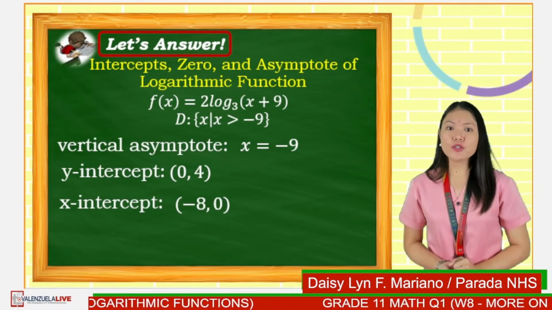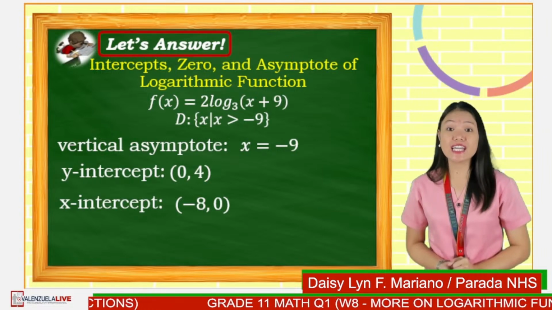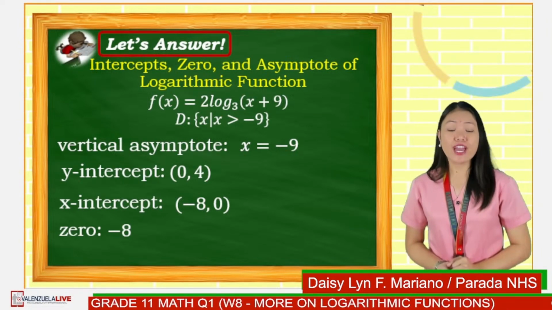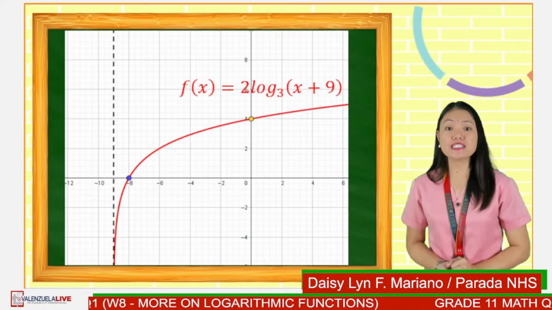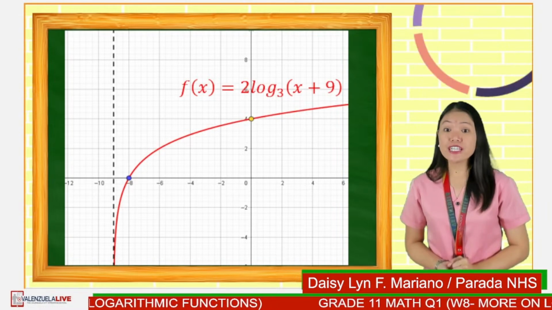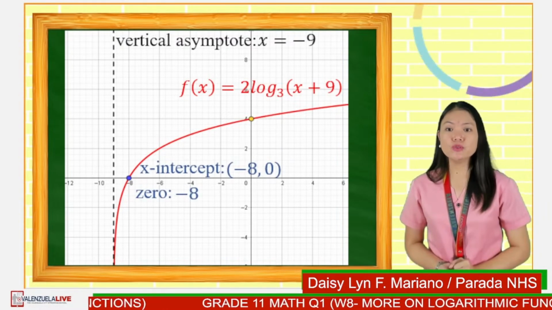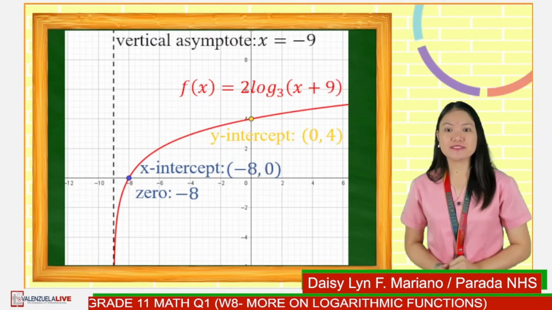The value of the computed x-intercept is also its zero, which is negative 8. The graph of f of x is equal to 2 times the logarithm of the quantity x plus 9 with base 3, as well as its vertical asymptote, x-intercept, zero, and y-intercept is seen on my right.